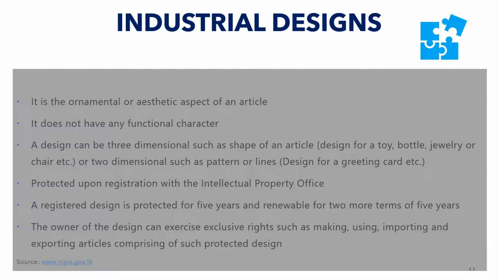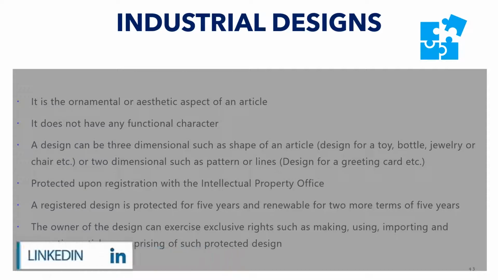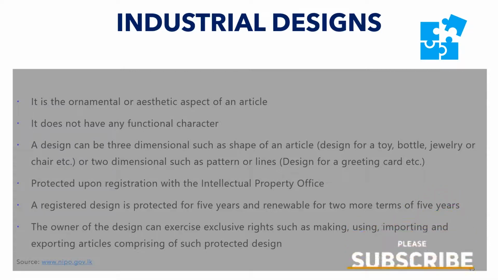So a design can be three-dimensional. It can be a shape of an article, right? So for example, a design for a toy, a bottle, jewelry, chair, right? All of these have this three-dimensional appearance. Or it can even be a two-dimensional thing, like a pattern or lines.